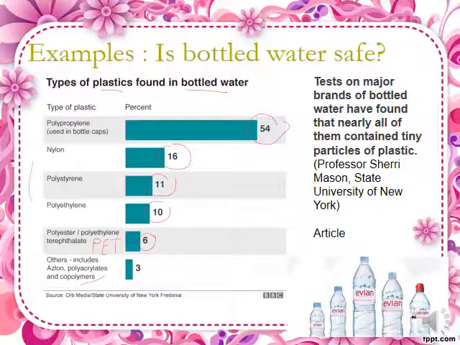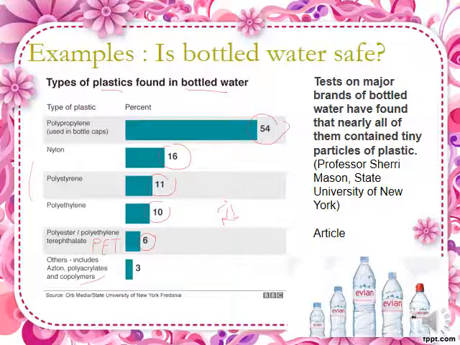If you purchase a mineral water bottle, you look at the bottom of the bottle, and you will find a number in a triangle of arrows, something like this. This shows the material of the plastic used, and that it's recyclable. Normally you will find number one for mineral water bottles.